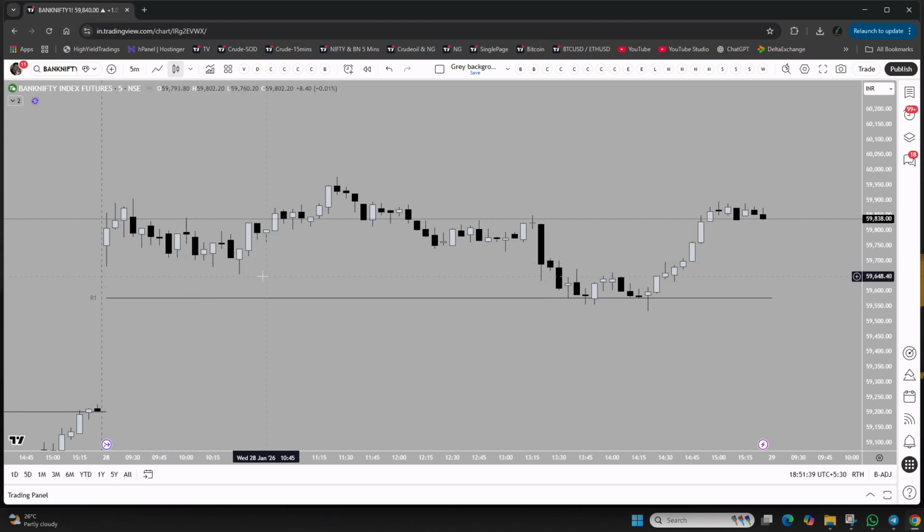Now there are a lot of things that go behind this decision. When I say that blindly take up a buy trade if you see that the candlesticks are opening above R1, I'm simply not making that statement. There is a lot of back testing that has gone behind it.